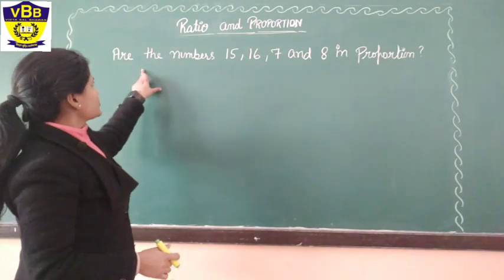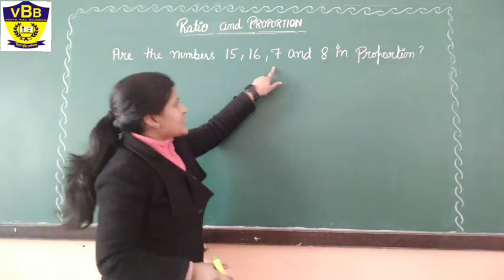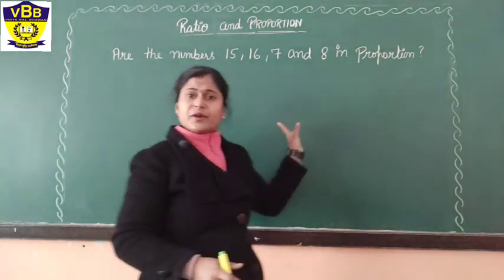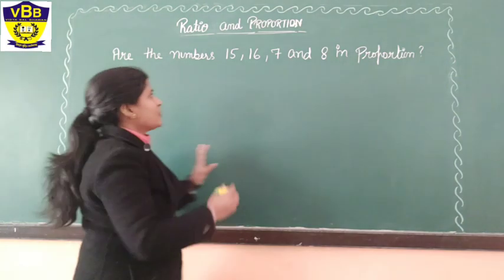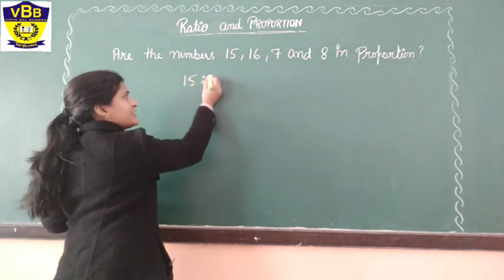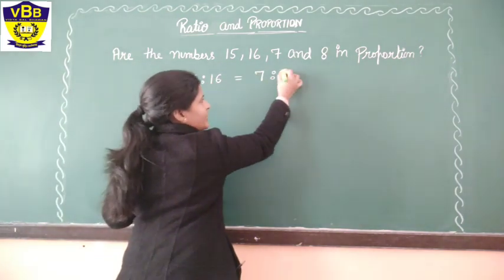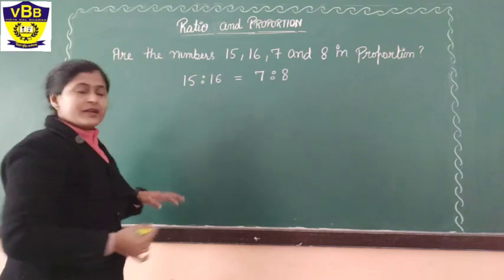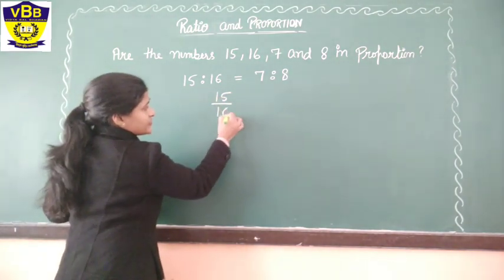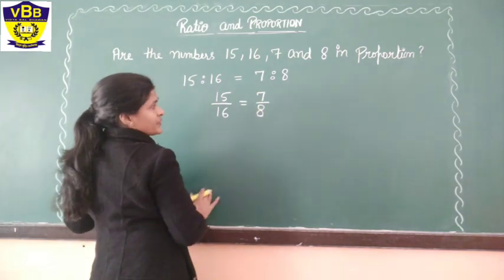Now our next question is, are the numbers 15, 16, 7 and 8 in proportion? We need to check it. So let us say they are in proportion. We can write it as 15 ratio 16 is equal to 7 ratio 8. If they are equal, we can write it as 15 upon 16 is equal to 7 by 8.